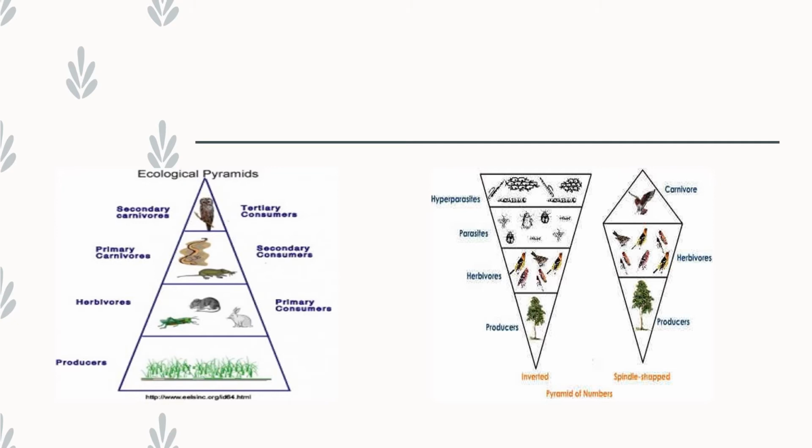On each bird's body there are so many parasites, ticks, lice, etc. Again numbers are increasing. And in the bodies of these parasites there may be some kind of fungus or bacteria. So again numbers are increasing. So the pyramid of numbers may be erect, that is upright, or inverted.